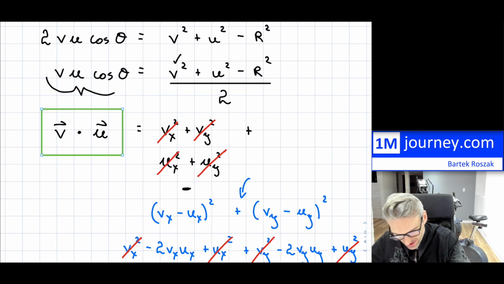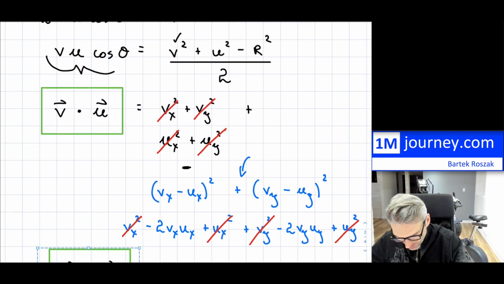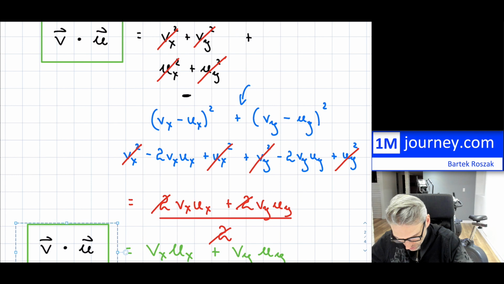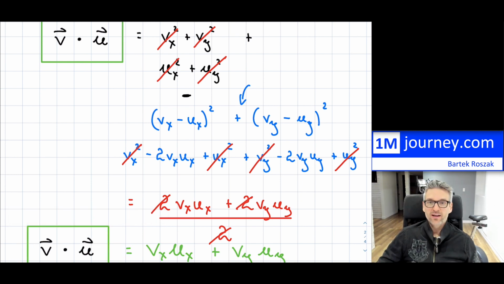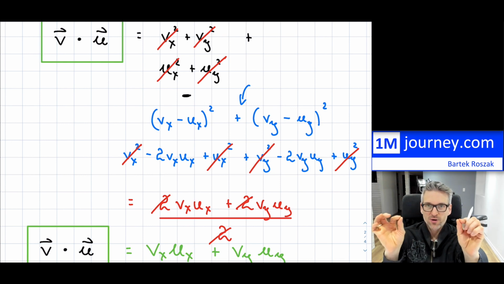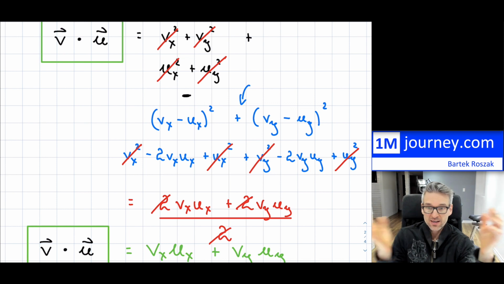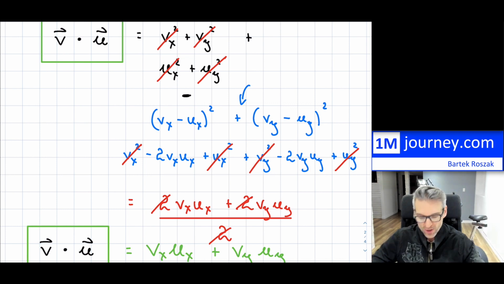So your dot product, if you are dealing with the actual Cartesian coordinates, is nothing else but multiplying the x components and then multiplying the y components and then adding them up. So we don't even have to find what the angle is.